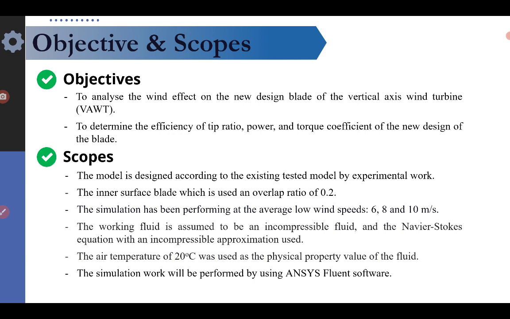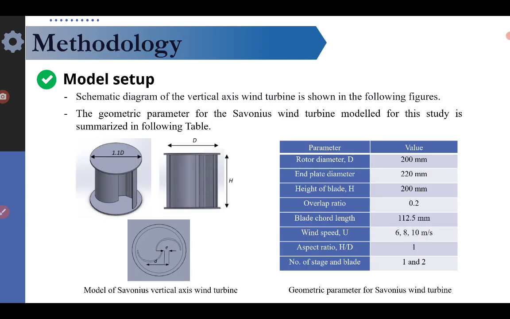The simulation that we perform is at low wind speeds, which are 6, 8, and 10 meters per second, suitable for the Savonius wind turbine. For the working fluid, of course, we use incompressible flow, and that is the equation we use. The simulation will be performed using the ANSYS Fluent software.